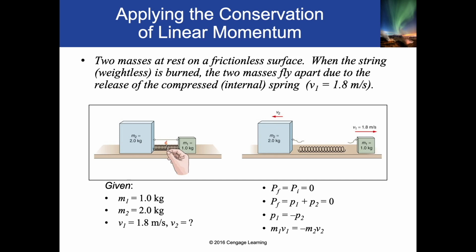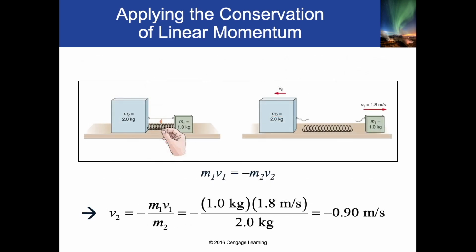One of them is m1v1 equals negative m2v2. So you plug in m1, v1, m2, and solve for v2. You put in the 1 kilogram, 1.8 meters per second, divided by the 2 kilograms, and you get negative 0.9 meters per second.